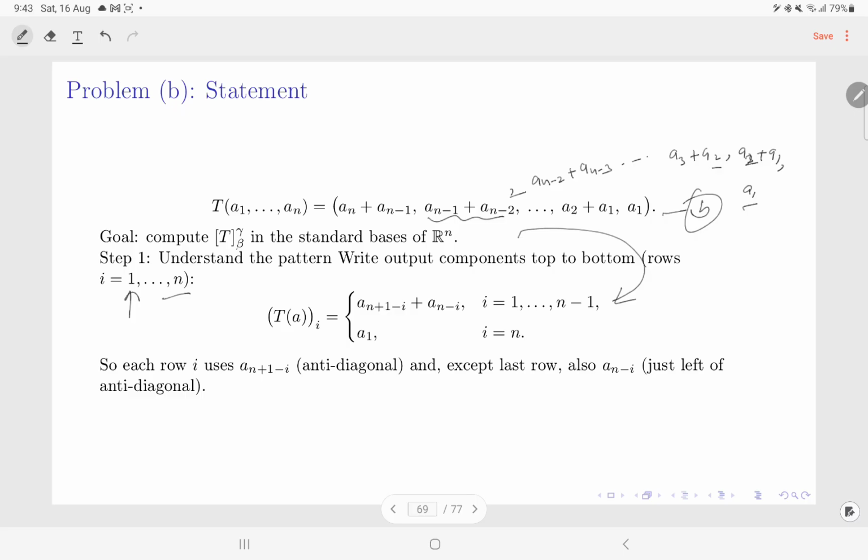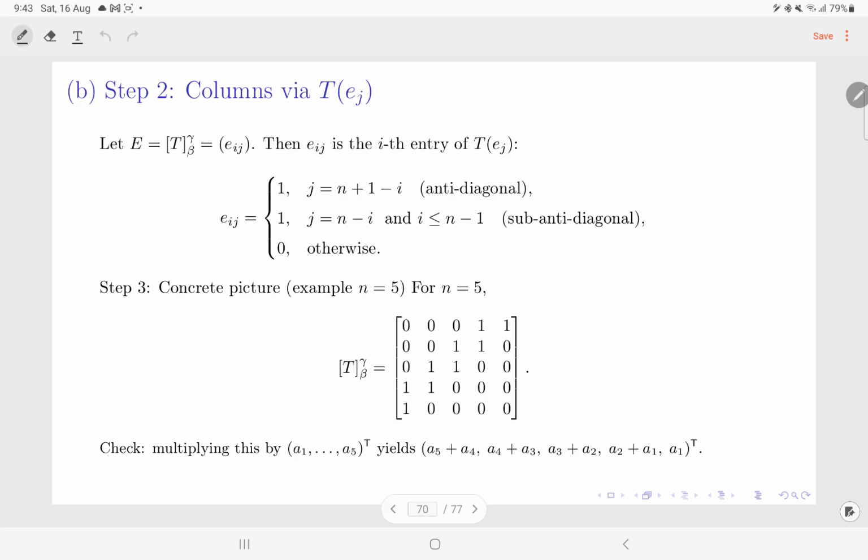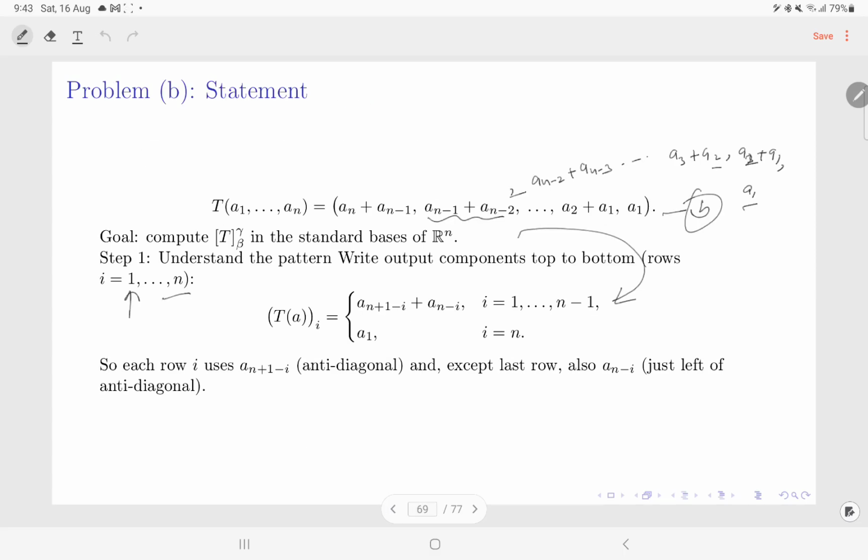Now how can you write this matrix? Let's do this. Once you apply the transformation to the standard basis, you will get, let me do it for you for one. Let's say the standard basis will be 1 0 0 and so on, then the second will be 0 1 0 and so on, and finally it will be 0 0 0 and so on with 1.